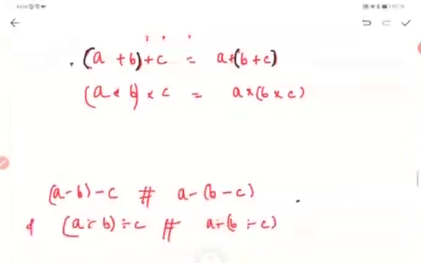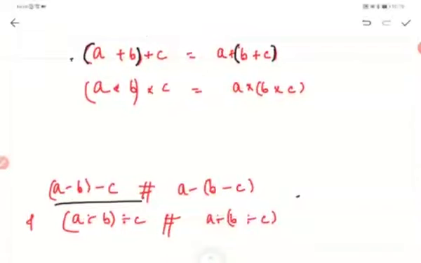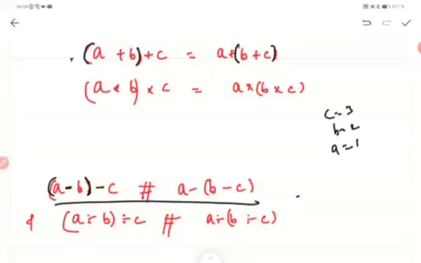I am showing you here that a minus b minus c is not equal to a minus b minus c with the parenthesis shifted. If you shift your parenthesis, obviously the value under subtraction is going to change. You want to see one example? Let me take a equal to 1, b equal to 2 and c equal to 3. So 1 minus 2, minus 3.